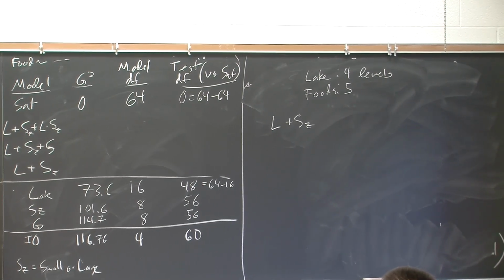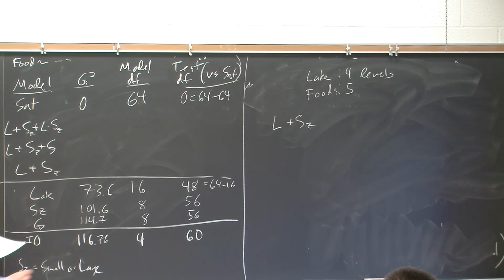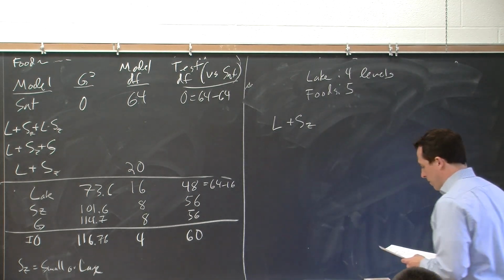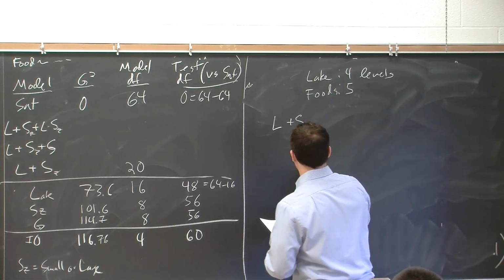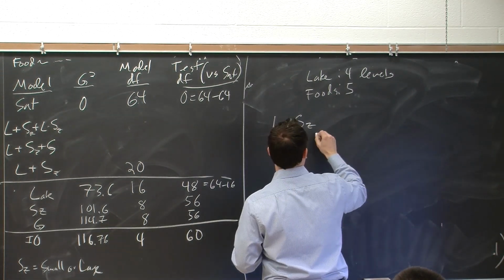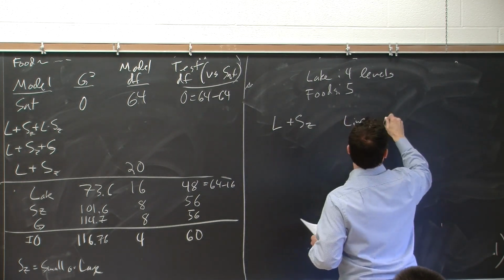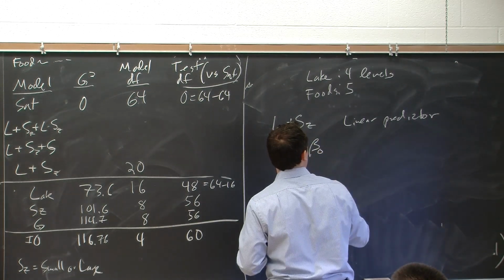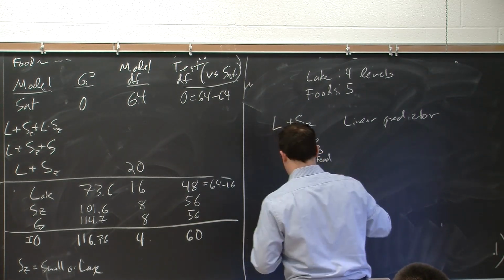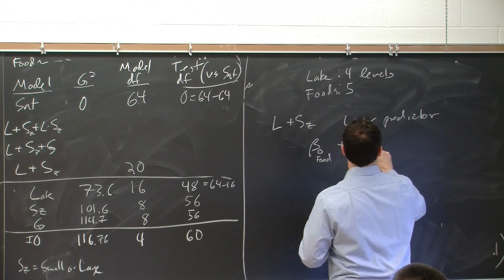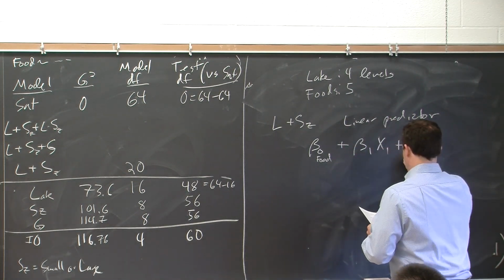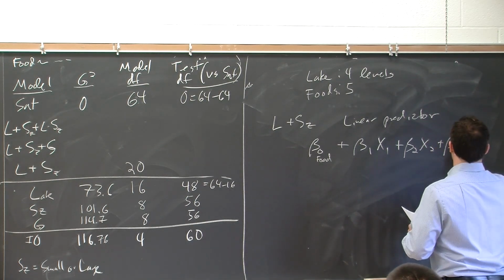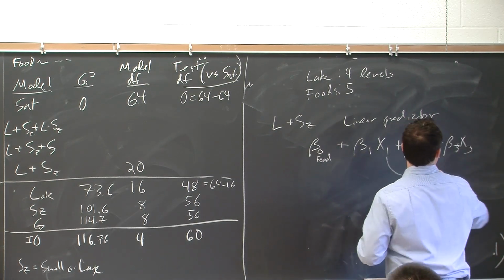20. Why? Because you have 3 variables for lake, 1 variable for size, and an intercept. So you could think about it as being the linear predictor. I have some coefficient, the intercept. Then I have my lake portion, so these are dummy variables for lake.